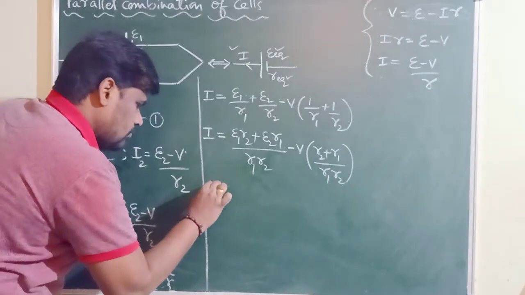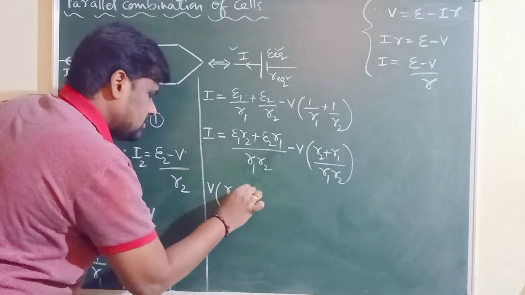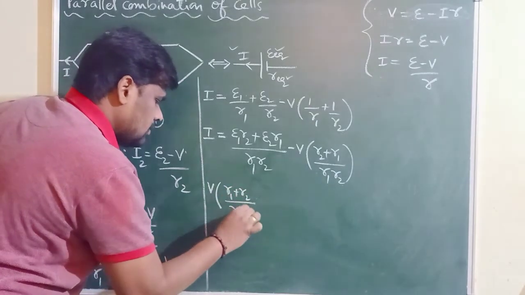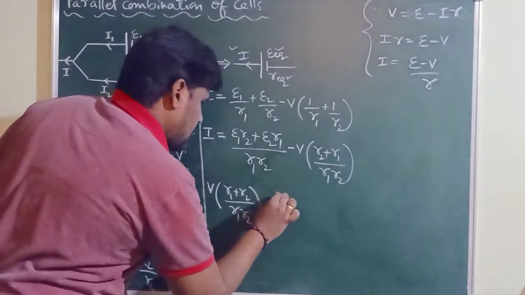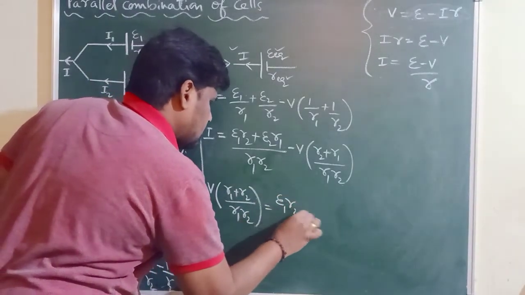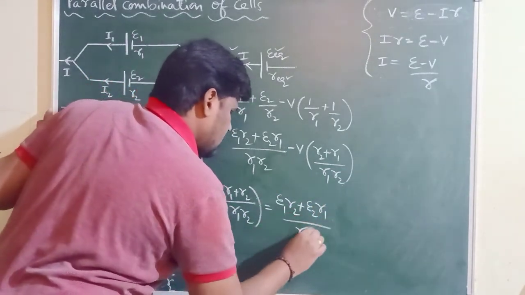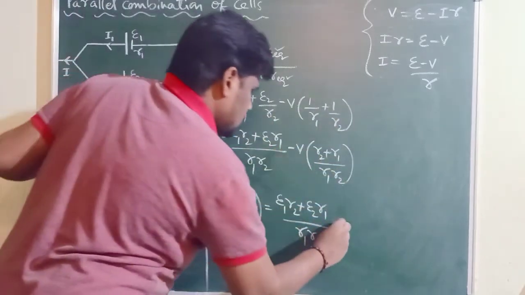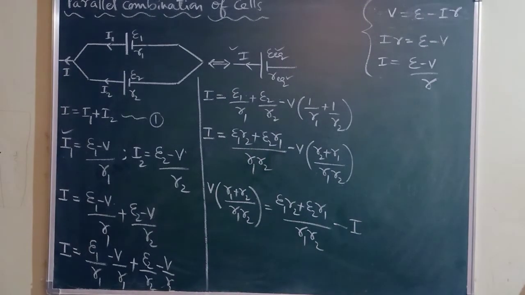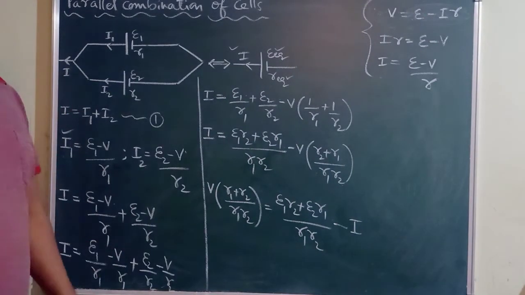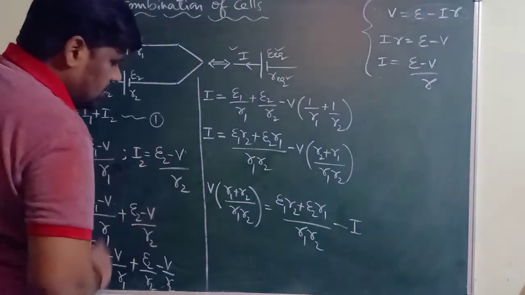What can I write now? V into R1 plus R2 divided by R1 R2 is equal to E1 by R2 plus E2 by R1 divided by R1 R2 minus I. Next, I will maintain V as it is.